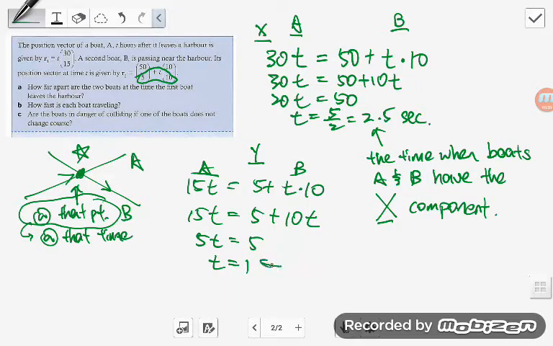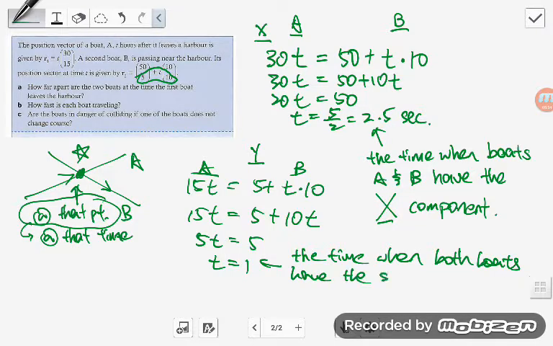And this means this is the time when both boats have the same y component. All right.